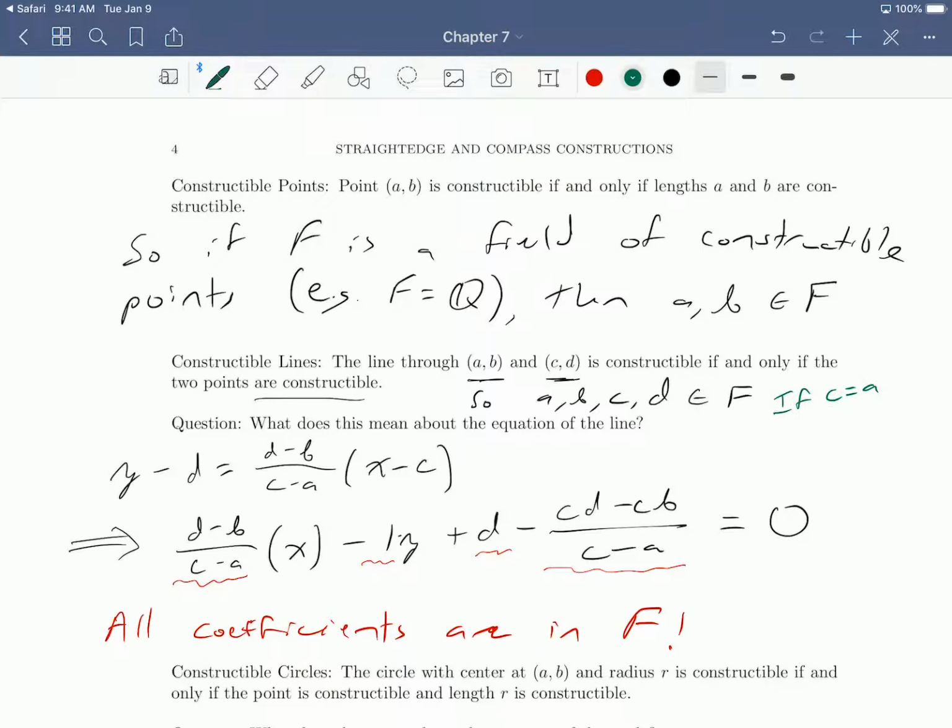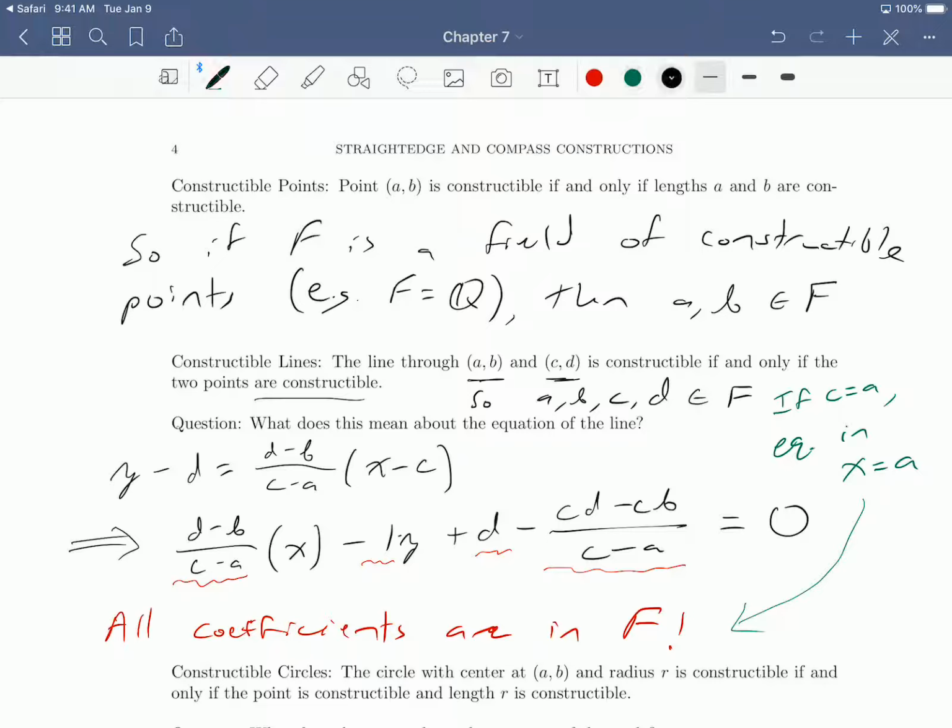If c equals a, we have a vertical line with undefined slope, and the equation is just x equals a. But even then, the coefficients, the a and the 1 times x, are in F.